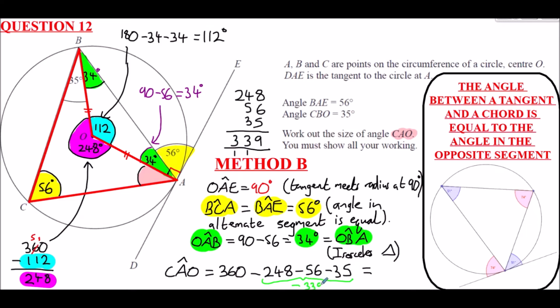So we're doing 360 take away 339 essentially, which again, as before, gives us 21 degrees. And so there are two different approaches to solving the same problem.